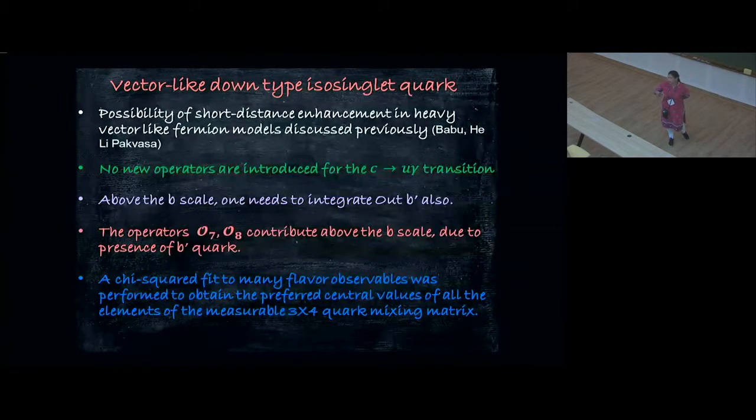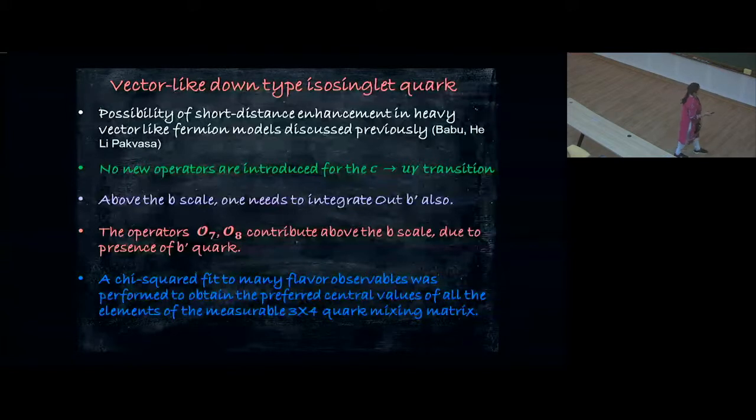Your b prime is very heavy, about 800 or 1200 GeV. When you integrate that out above the b scale, as I said earlier, your O7 and O8 did not contribute in the standard model above the b scale, but now with this b prime you get contributions to O7 and O8 as well.